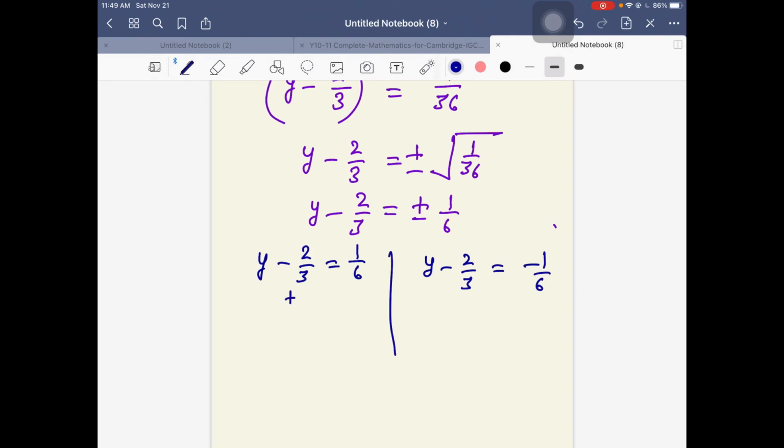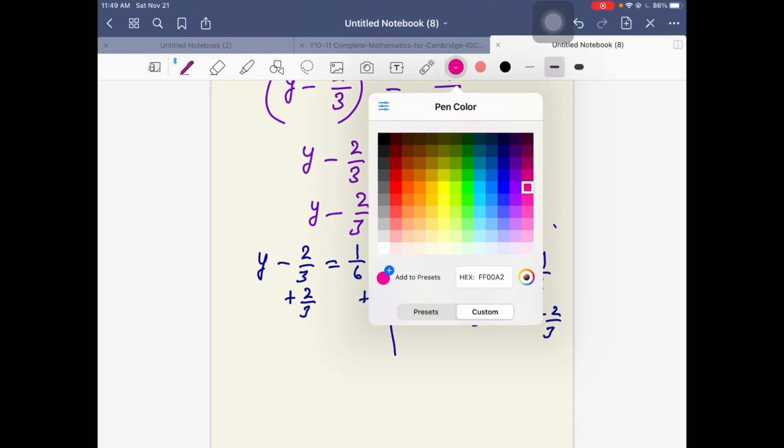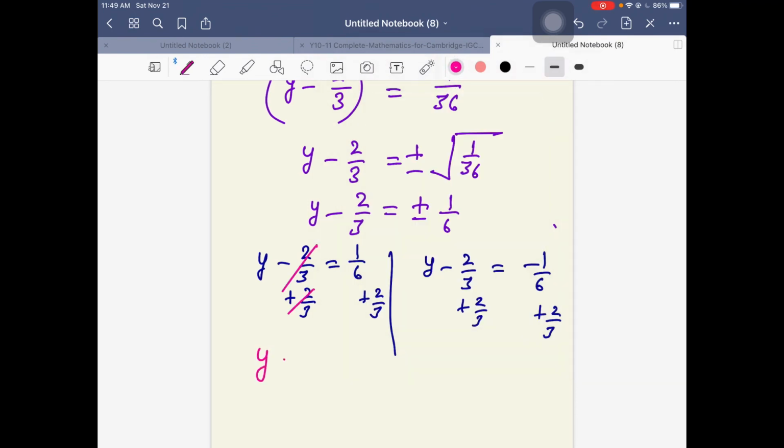Plus 2 by 3 on both sides. What do you get? This cancels, so y is equal to 1 by 6 plus 2 by 3. Multiplying 2 up and down, this is 1 by 6 plus 4 by 6, so y is equal to 5 by 6. That is the first answer.